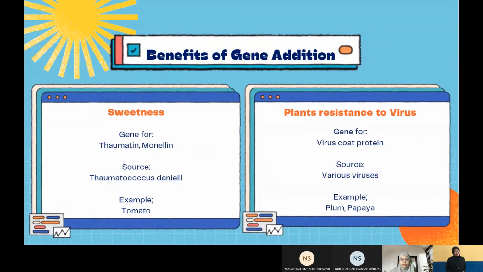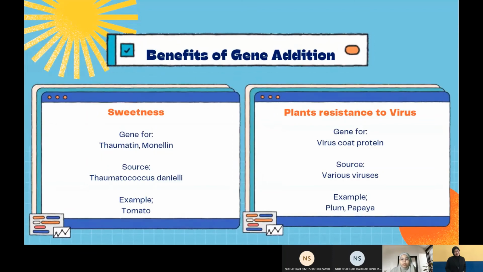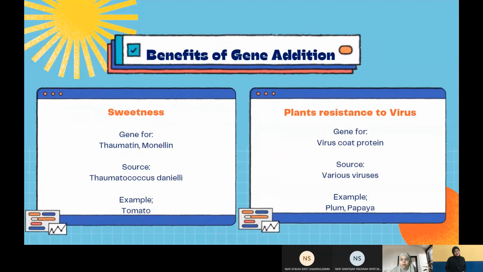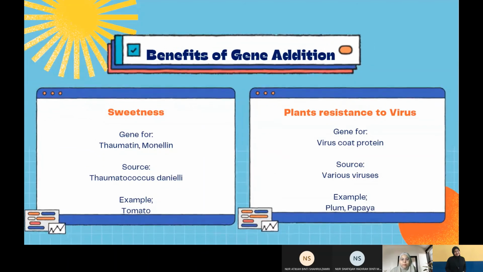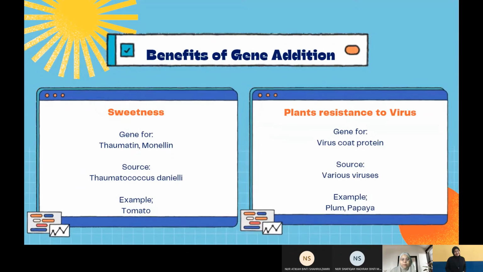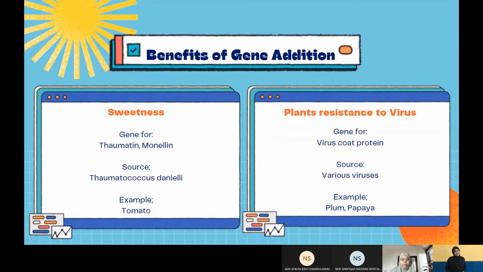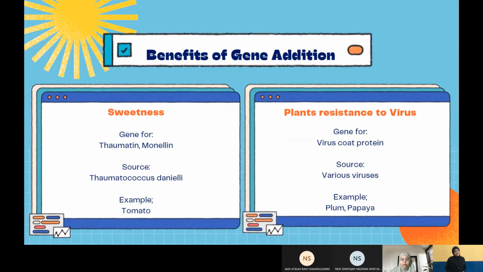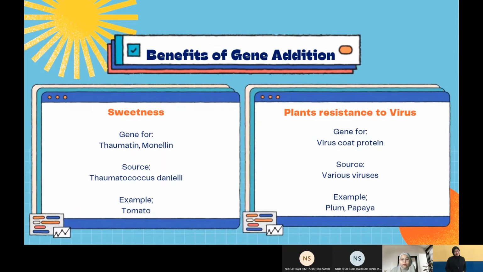The next one is that gene addition will make the plants resistant to viruses. The gene we want to encode for is the virus coat protein, and we get it from viruses. The examples are plum and papaya. This happened in Hawaii, where papaya plants grown there became resistant to attack by some viruses.